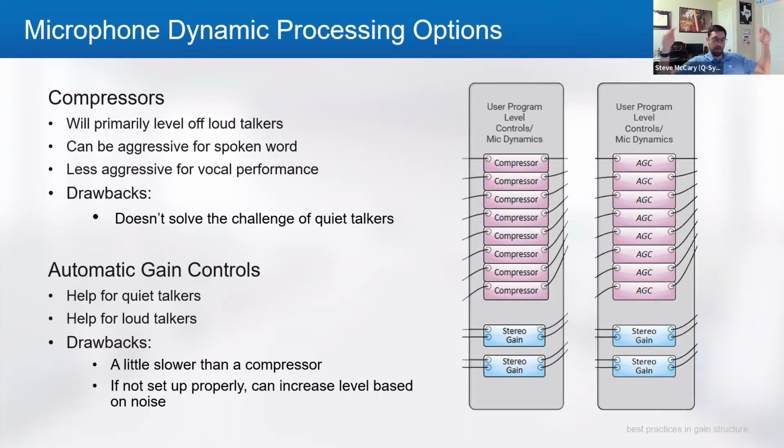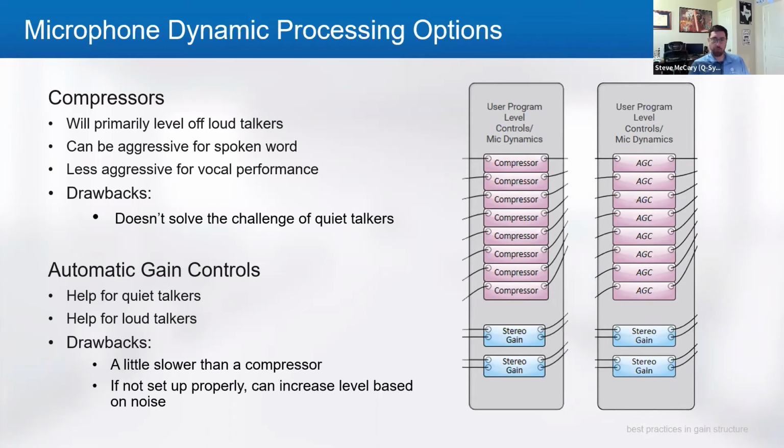So if you get above a threshold on a compressor, it's going to bring down that level. This will help you level off people who are loud. If you're looking for spoken word, generally people are not a huge fan of compressors on people who are speaking. This is very common if you're doing vocal performance, singing. But it will not do anything if somebody is quiet.